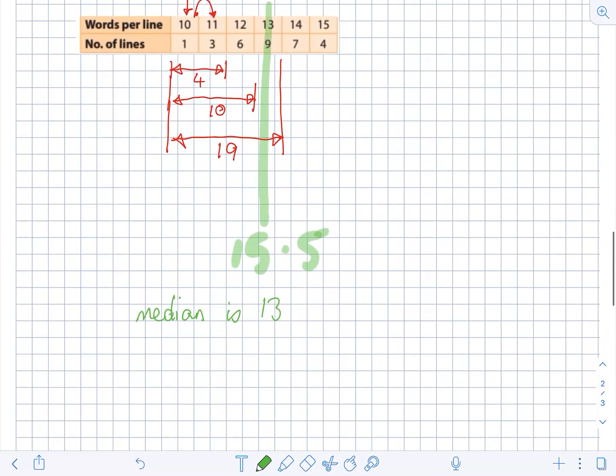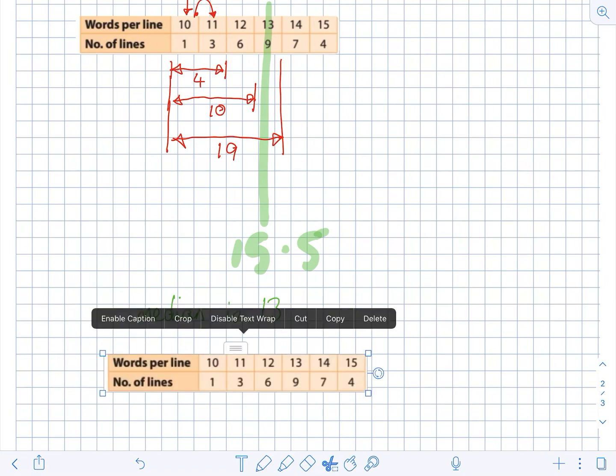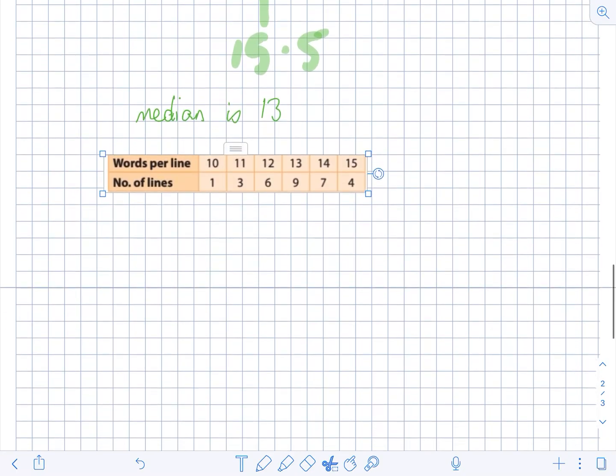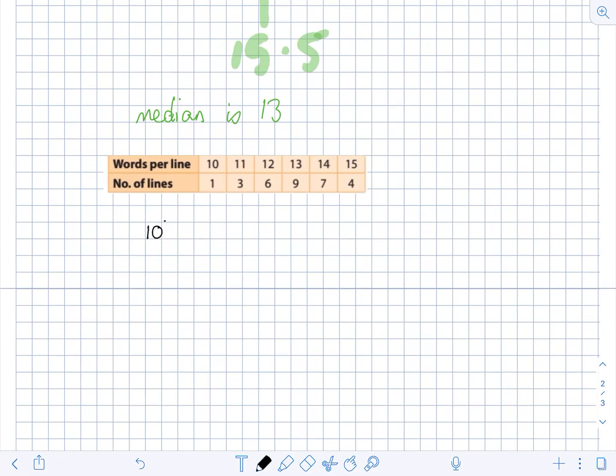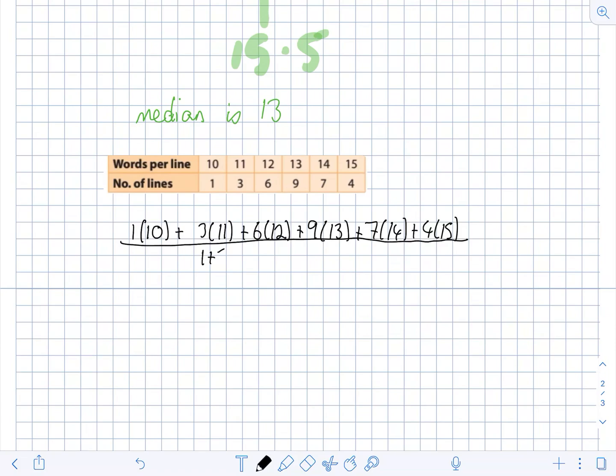And calculate the mean of the distribution. Well, that's just our system comes into play here. I can just paste it actually. Okay, so we're looking for the mean. So we have 10 times 1 plus 3 times 11 plus 6 times 12 plus 9 times 13 plus 7 times 14 plus 4 times 15, and that's going to be all over 1 plus 3 plus 6 plus 9 plus 7 plus 4.